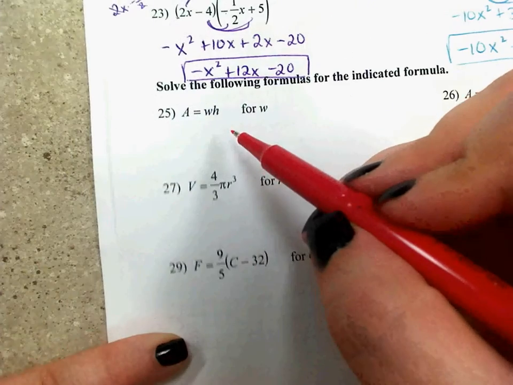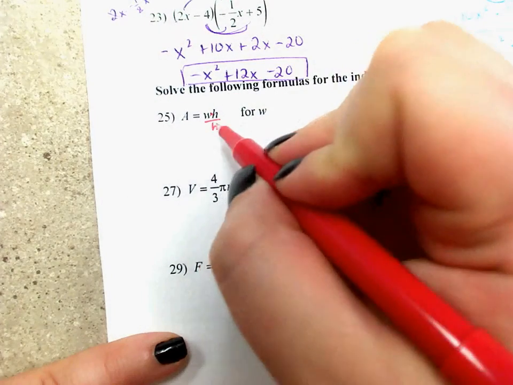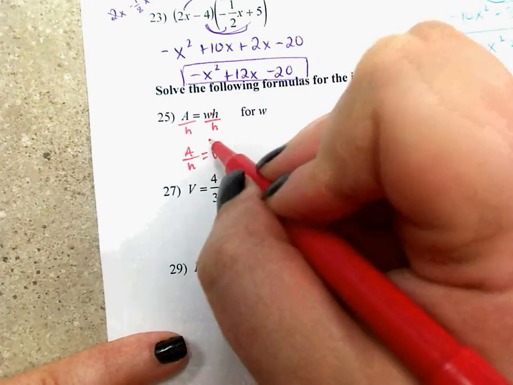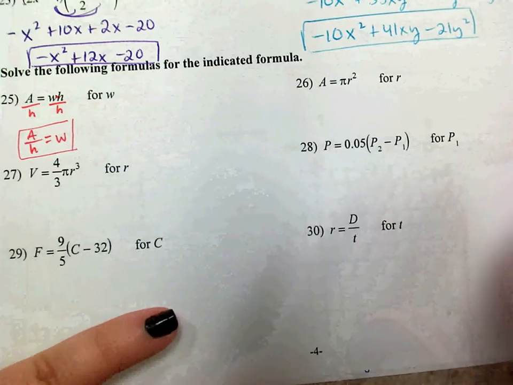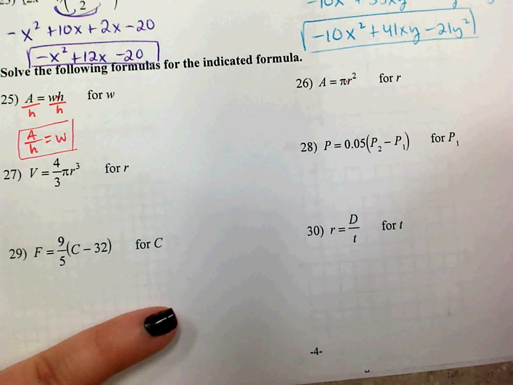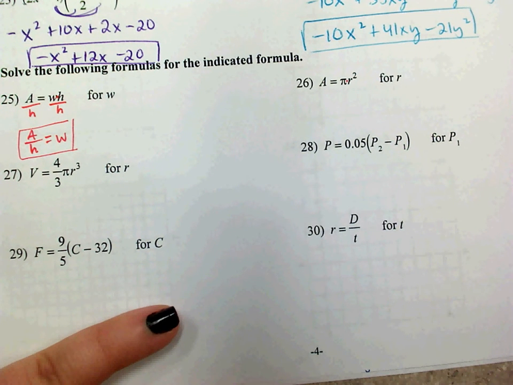Okay. On 26, I want to solve for R. We are multiplying by pi and then raising it to a power of 2. You cannot get rid of the power of 2. You cannot undo that power until you undo all the things around it. Order of operations says I have to undo this multiplication before I can undo that exponent. So divide by pi. So A divided by pi equals R squared.